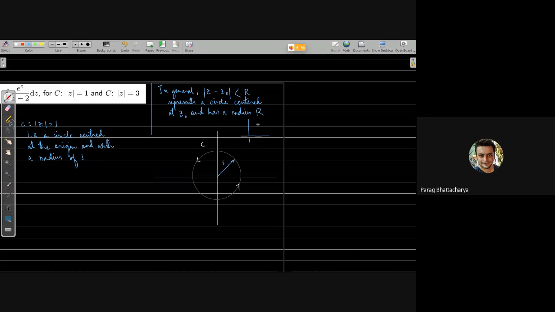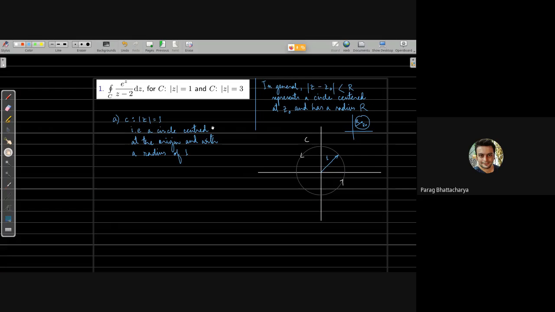So this is, let's say, the complex plane. We have a circle whose center is at z naught and whose radius is r. So you could just represent it in this form. Here, z minus z naught is equal to r, not less than r, because you're talking about a path, not a region.